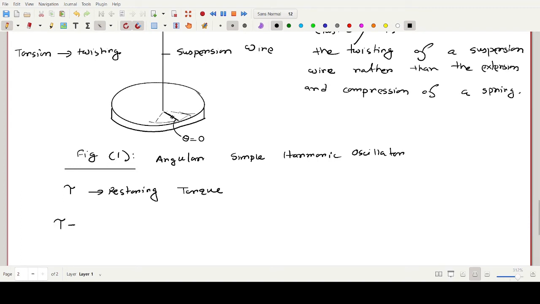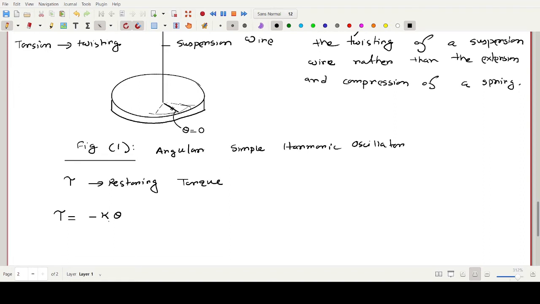Similar to the spring mass system, this torque is proportional to the angular displacement and opposite to it, and the constant kappa is called the torsion constant.